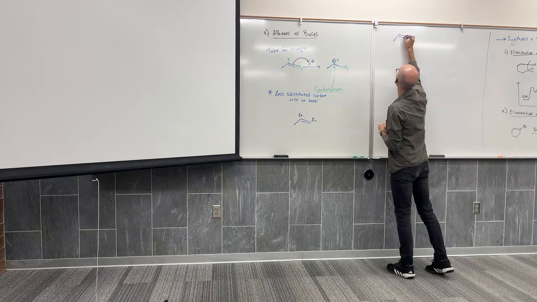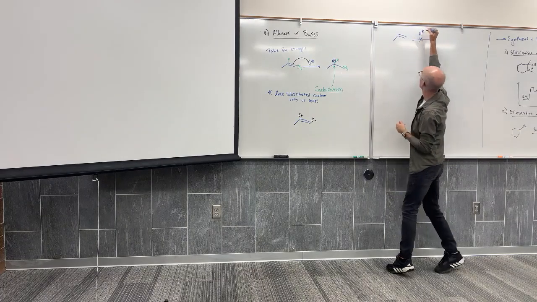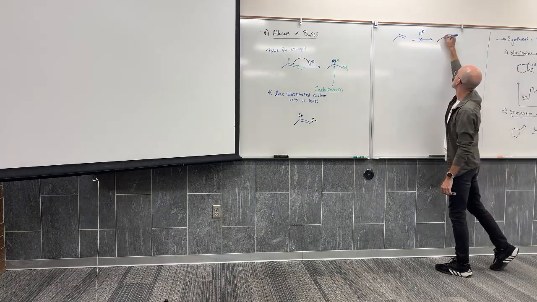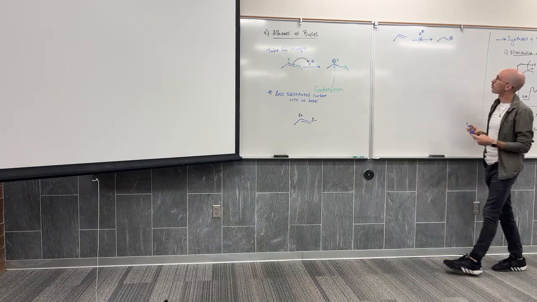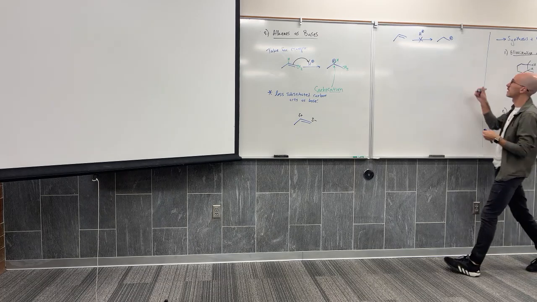What we will never see, and I'm going to indicate that we never see that by putting an X through this arrow, not seen, is the formation of this less substituted carbocation. Doesn't form.